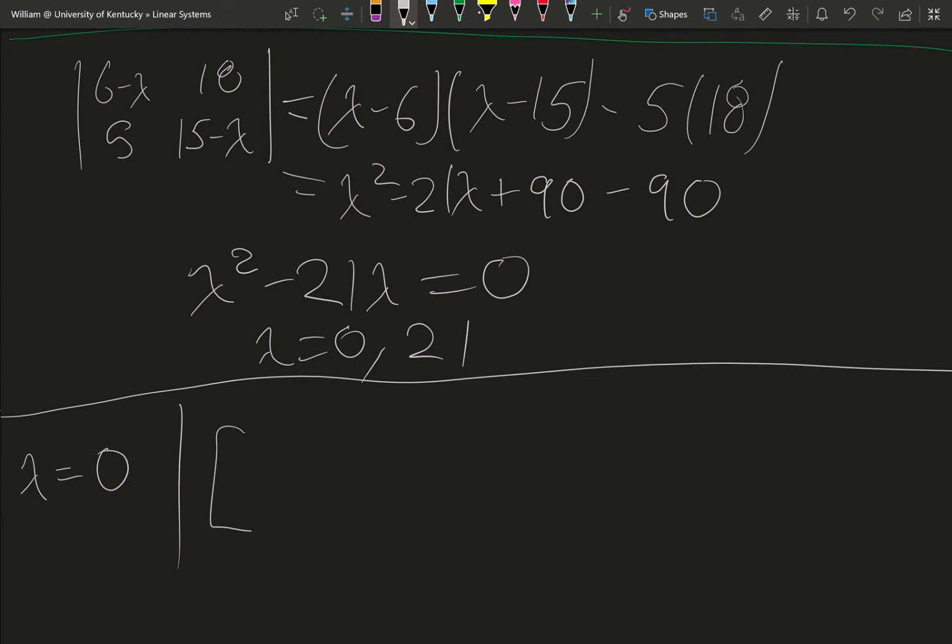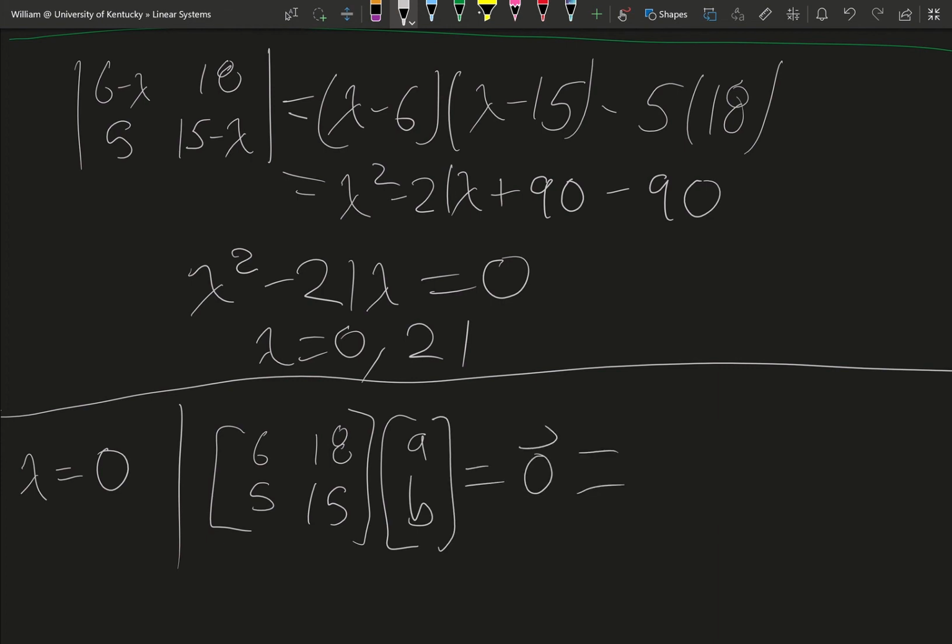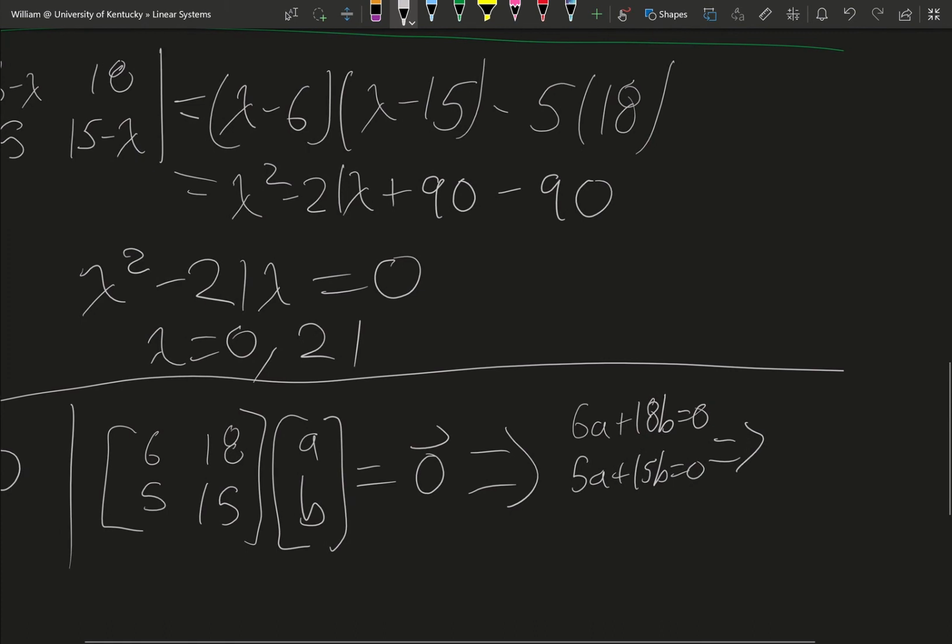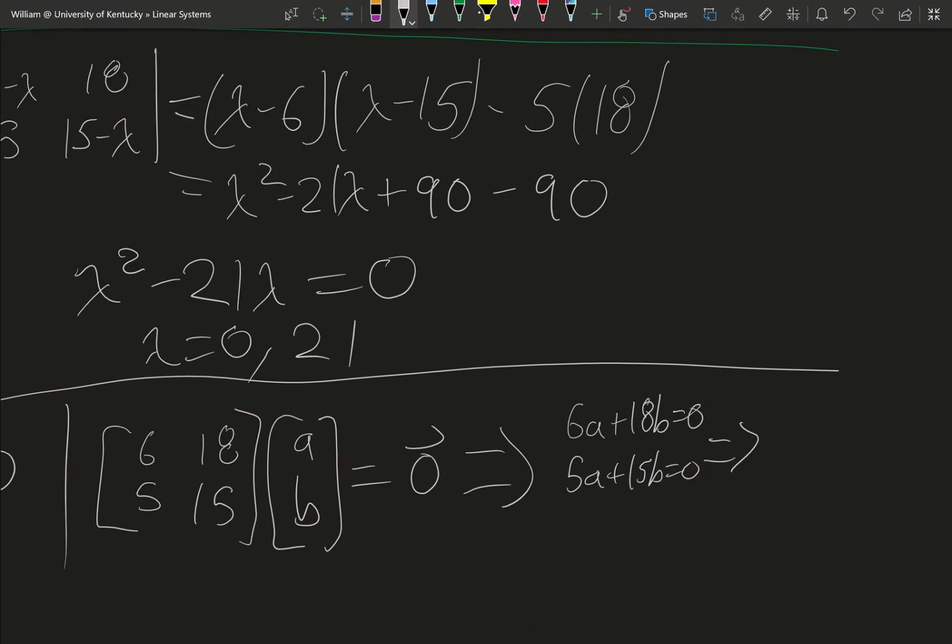So I go ahead, if lambda equals 0, I just end up with the original matrix. And I should get, well, a equals negative 3b.